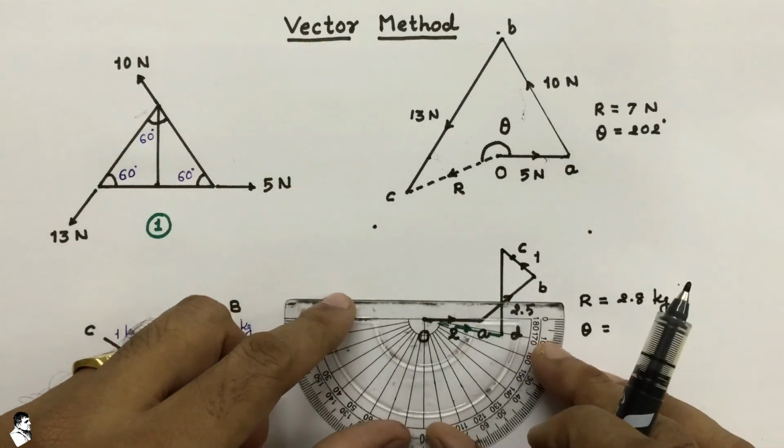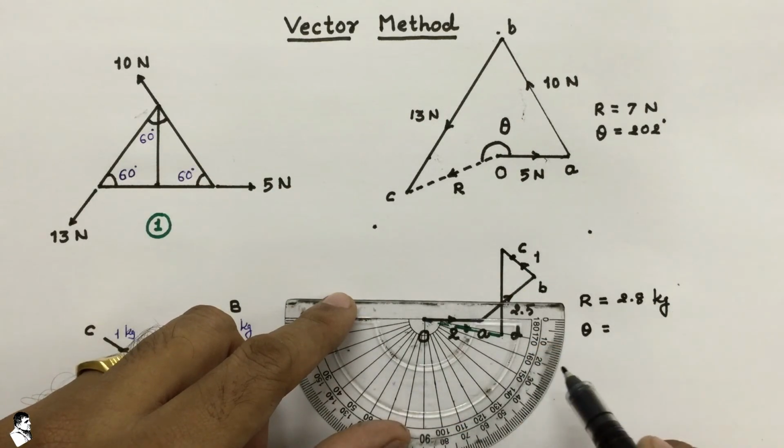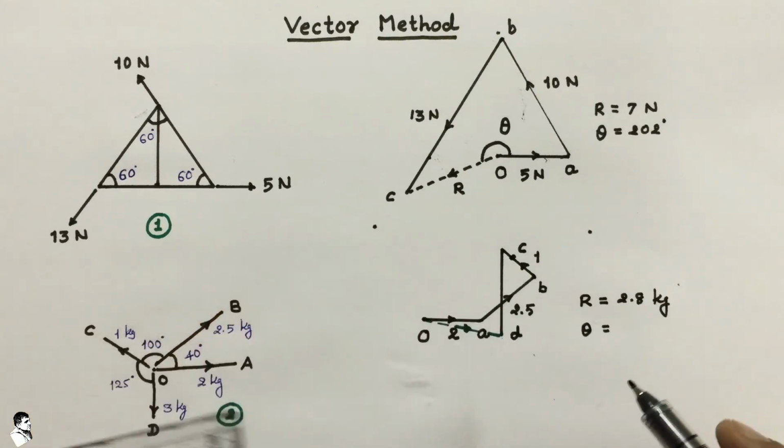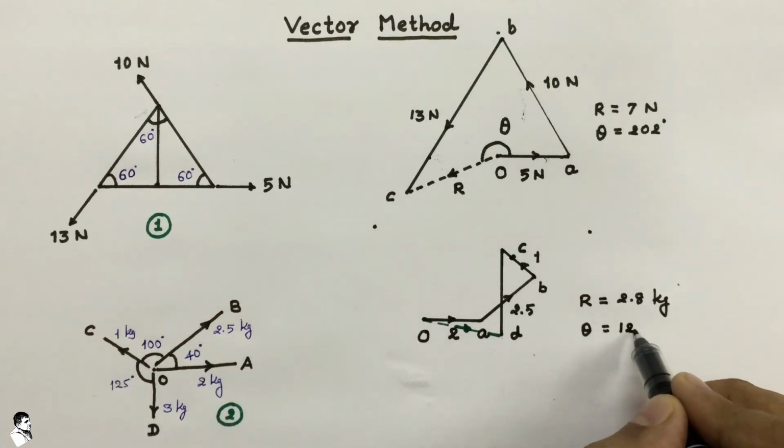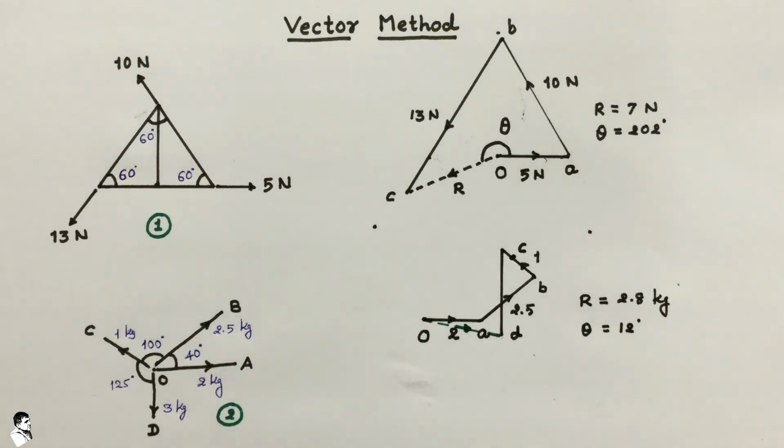That angle gives approximately 12 degree. So this is the final answer of the resultant and the direction of that resultant of the given system. This is the method to solve the given force system with the vector method, and that is also known as the polygon law of forces method.